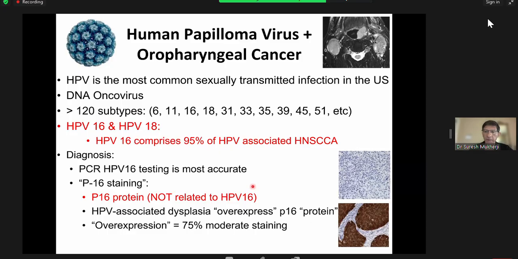And if that expression is greater than 75%, then we feel comfortable saying that, yes, this is an HPV positive tumor and can be treated. Now, there is at times a little bit of a false positive because other oncoviruses can express this protein. But this is probably what's commonly performed. And if there's any ambiguity, then you can go on to the standard polymerase chain reaction testing.